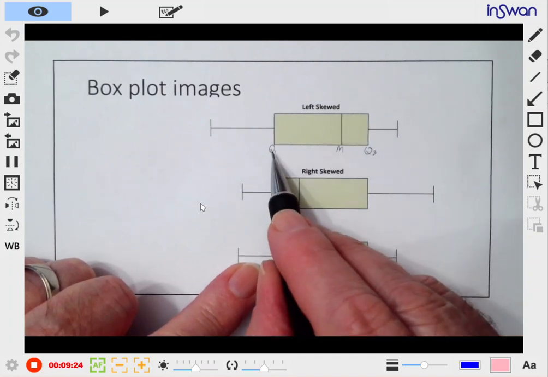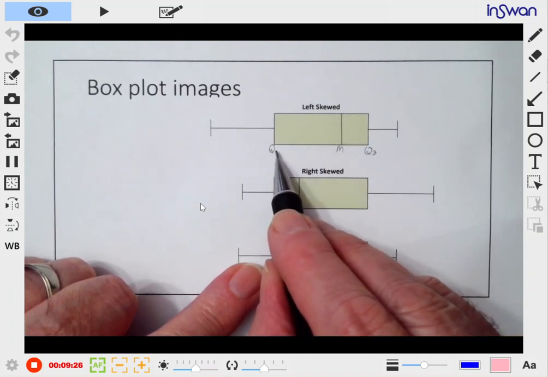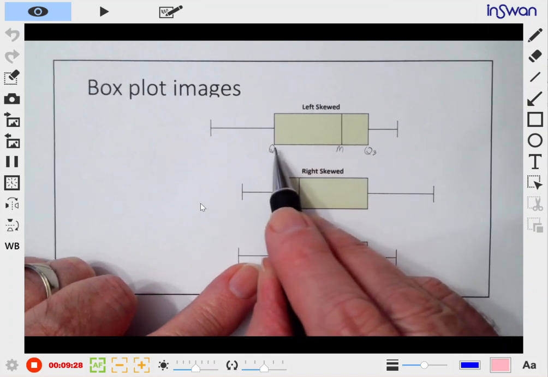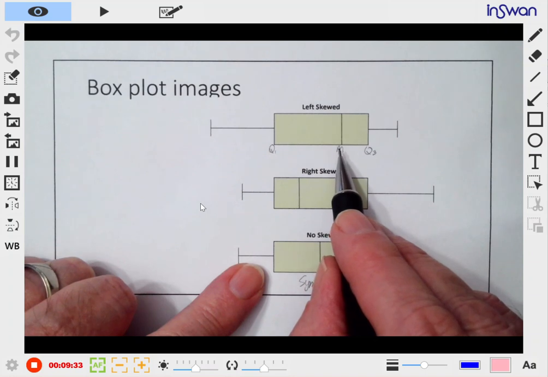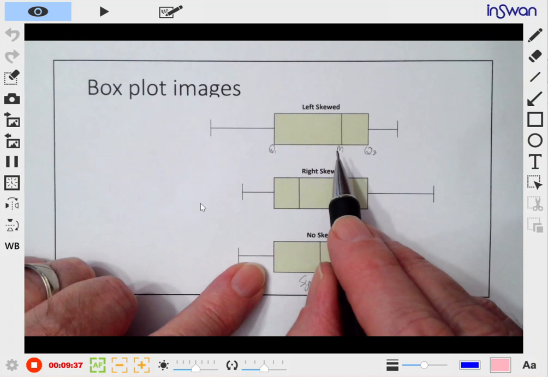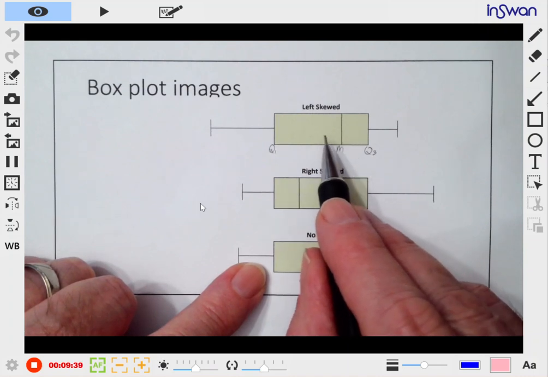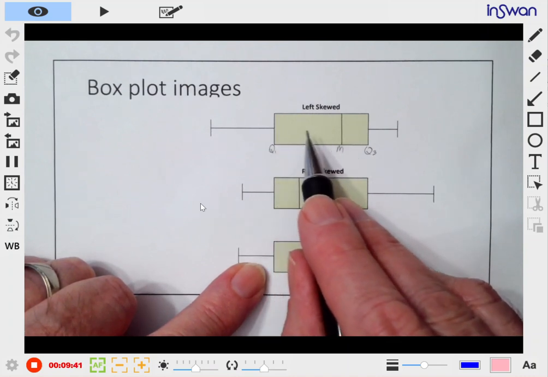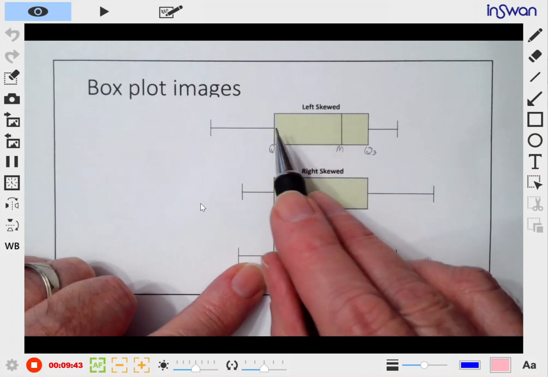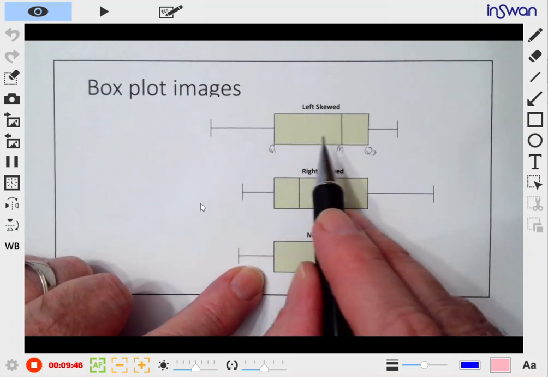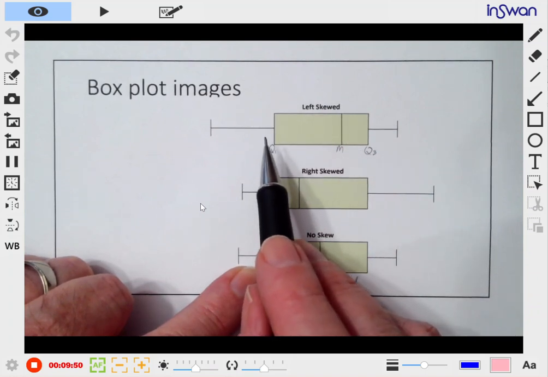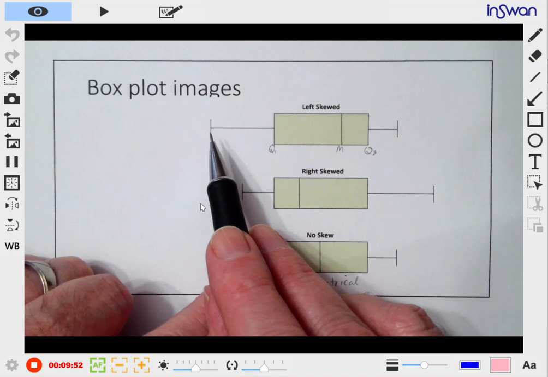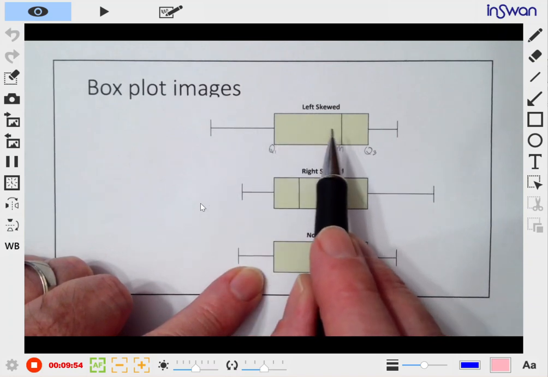And we talked about previously how if you subtract M minus Q1 and you compare that with Q3 minus M, the bigger value will tell you which way the graph is skewed. So notice you would have a bigger number here, the difference in these two numbers, which indicates that you're skewed left. And you can see that. Notice you have these outliers way out here, and the data is distributed here.